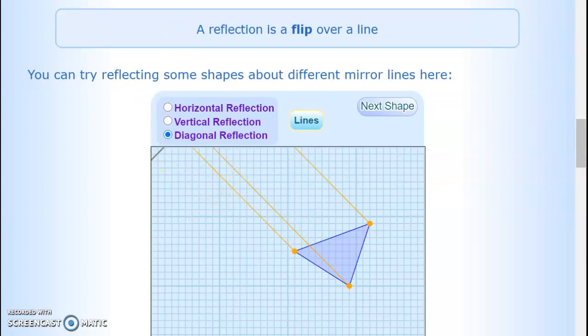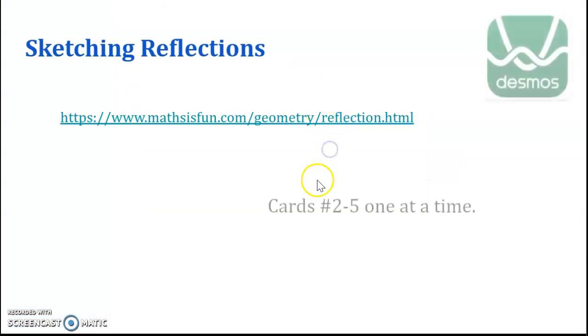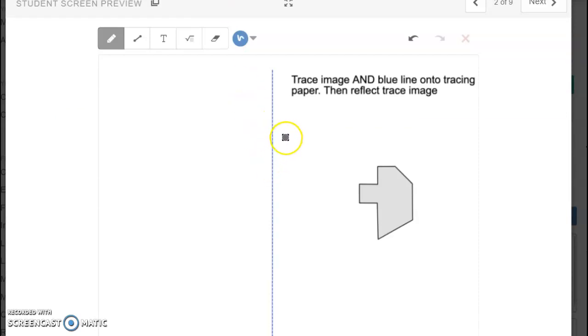Okay, so now you are going to be working on Desmos, cards number 2 to 5, but we're going to do it one at a time. So we're going to do it together as a class. And it's going to look like this. Card number 2 is asking you to trace the image and blue line onto the tracing paper, then reflect the traced image.